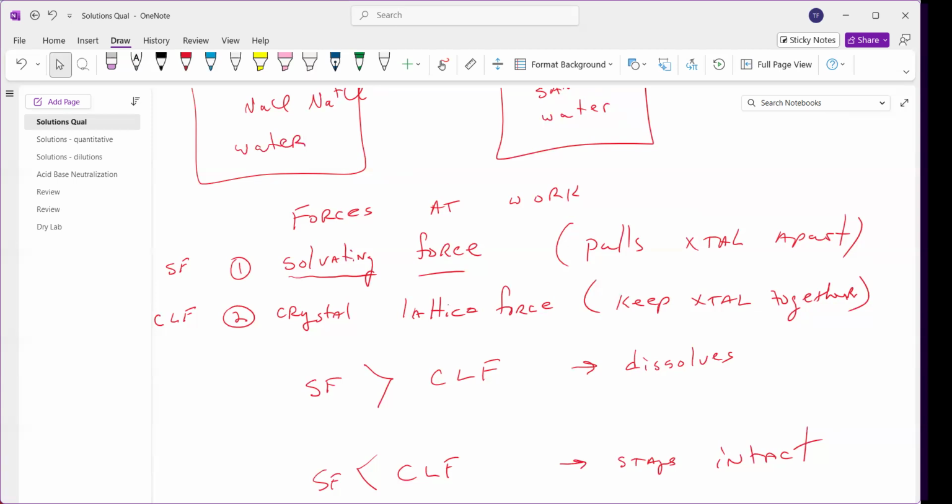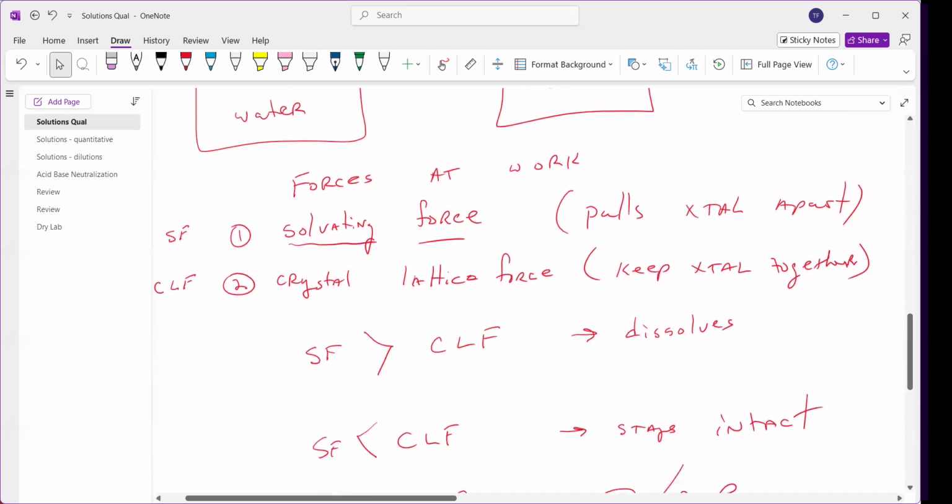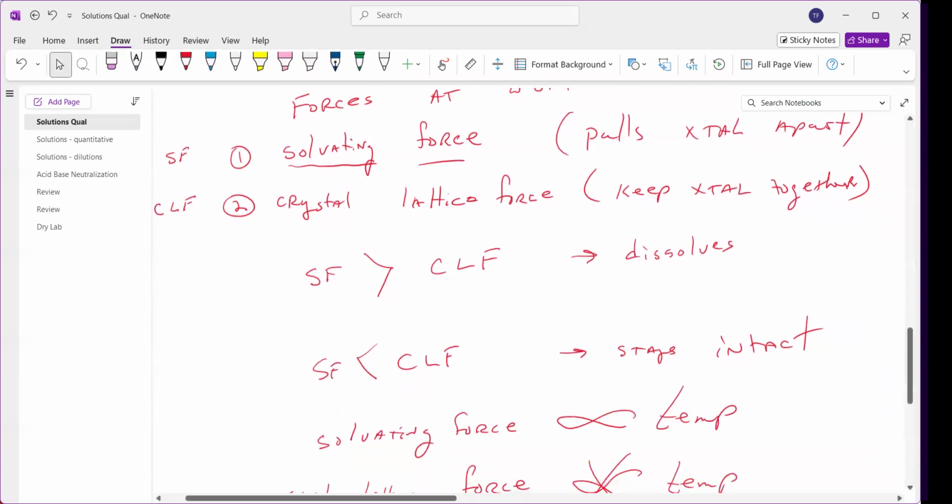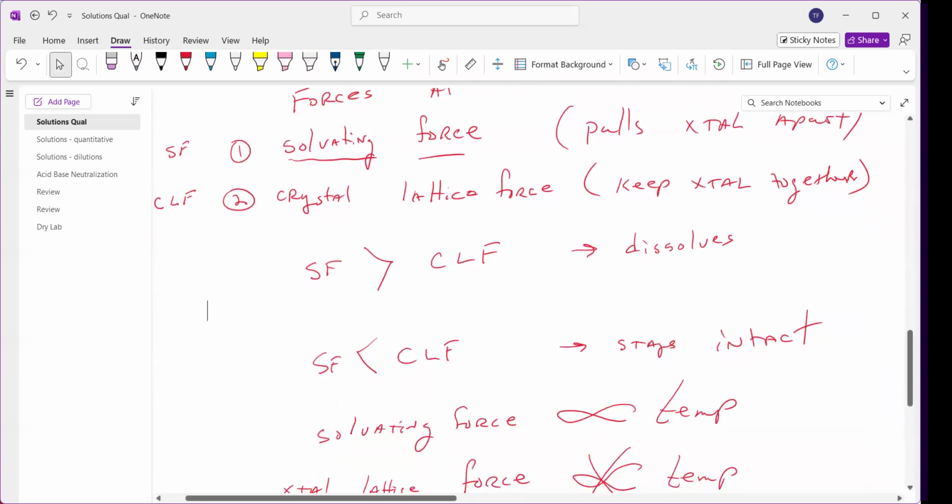In the case of salt in water, the solvating force is stronger than the crystal lattice force, so it's able to pull it apart. So if solvating force is greater than crystal lattice force, it dissolves. If the crystal lattice force is greater than the solvating force, it stays intact.